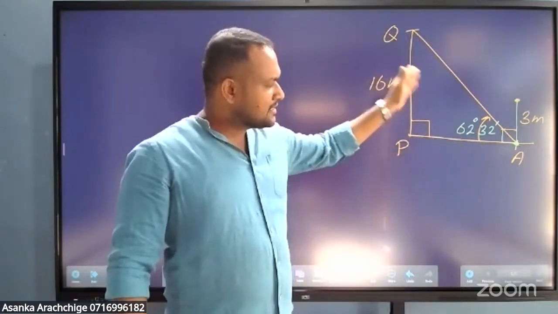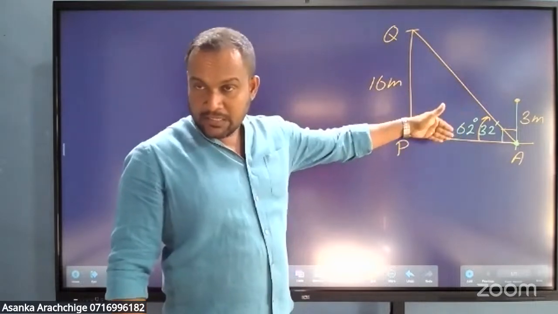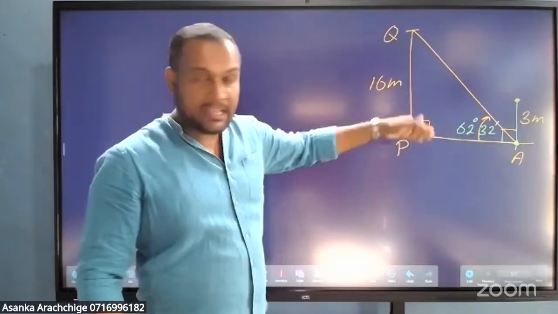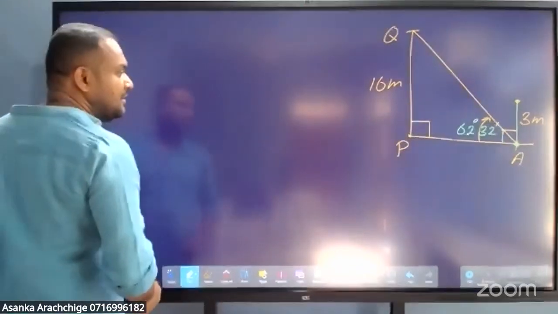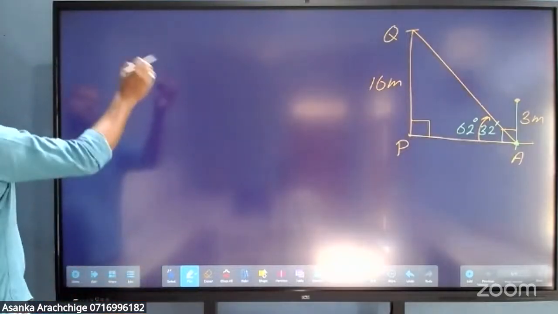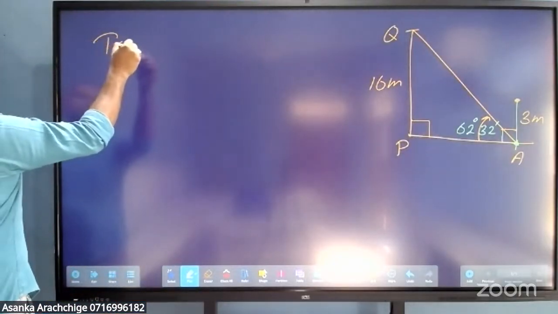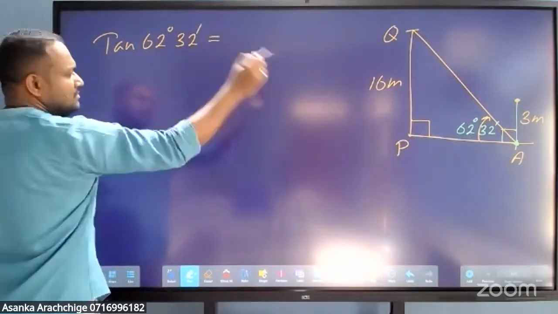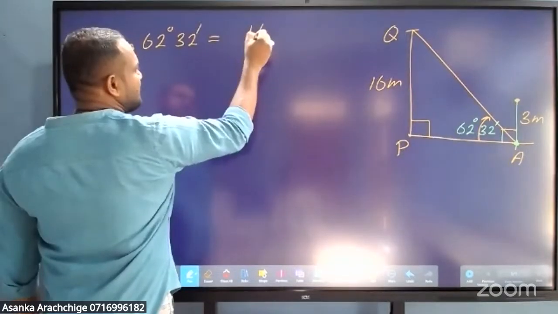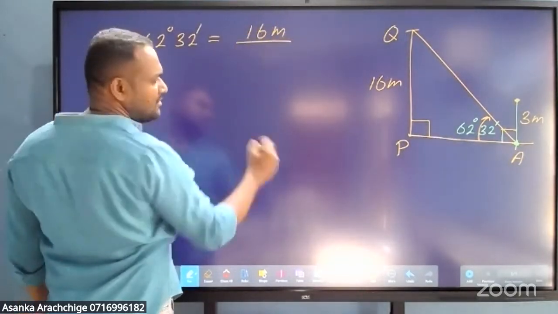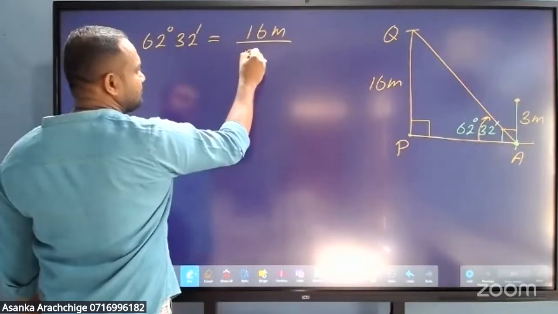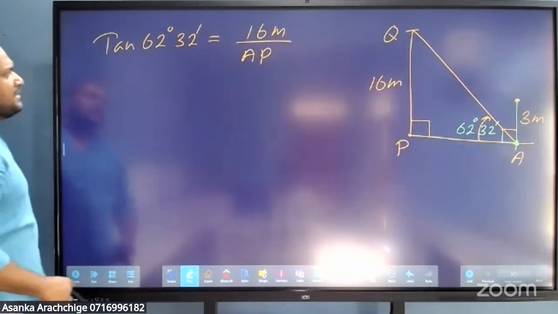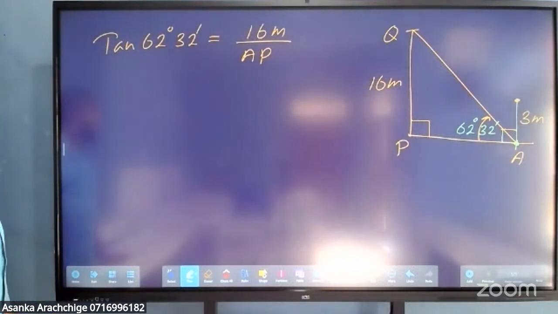From the opposite side and adjacent side of a certain angle, we get the tan ratio, the natural tangent. Then you can write tan 62 degrees 32 minutes must be equal to opposite 16 meters divided by AP. Is this clear? Now tell me the tan ratio of 62, 32.